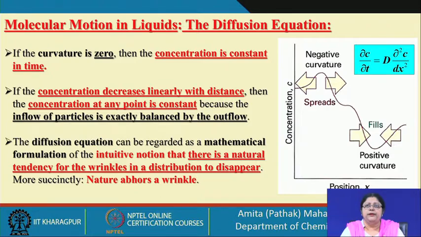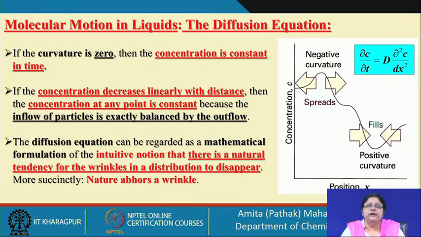So, if there is a negative rate of change of concentration, that means we are talking about a heap, and the system is going to be prone towards spreading it. And if you have a dip in the concentration, that means in your concentration versus distance plot the second derivative gives you a positive curvature, so the system is going to have a dip in concentration, which will be made uniform by filling up the dip.